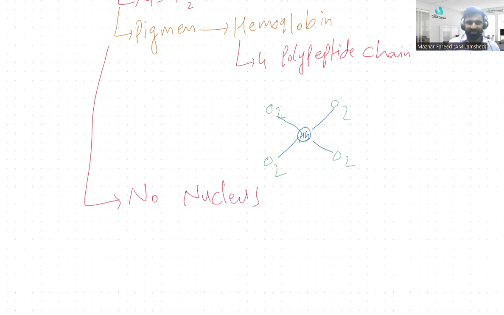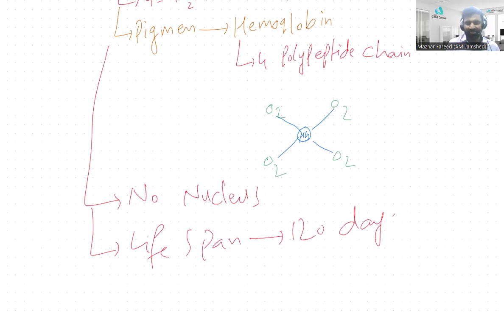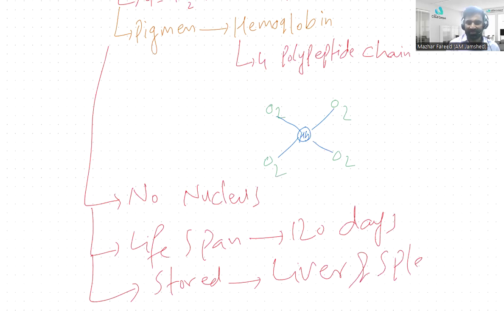And the red blood cell lifespan is 4 months. 4 months means 120 days. After 120 days, they are destroyed, and they are stored in the liver and spleen. So the liver and spleen are the graveyard of red blood cells. Is it clear?